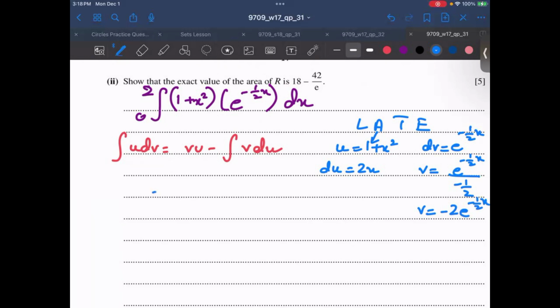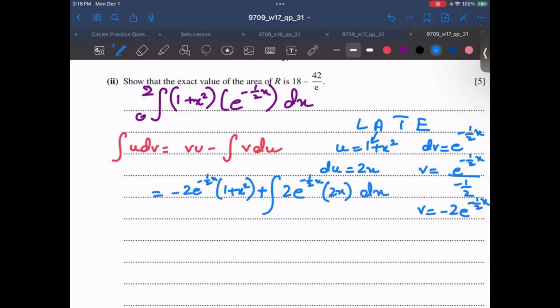Now substituting this in the formula, vu, so v is minus 2 e power minus half x, will become minus 2 e power minus half x into 1 plus x squared, minus integral of v du. So v is minus over here, so we can make it plus over here, 2 e power minus half x into 2x.